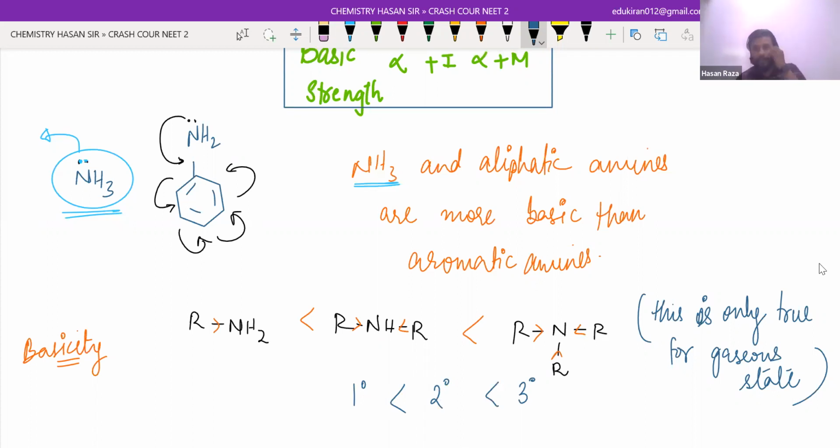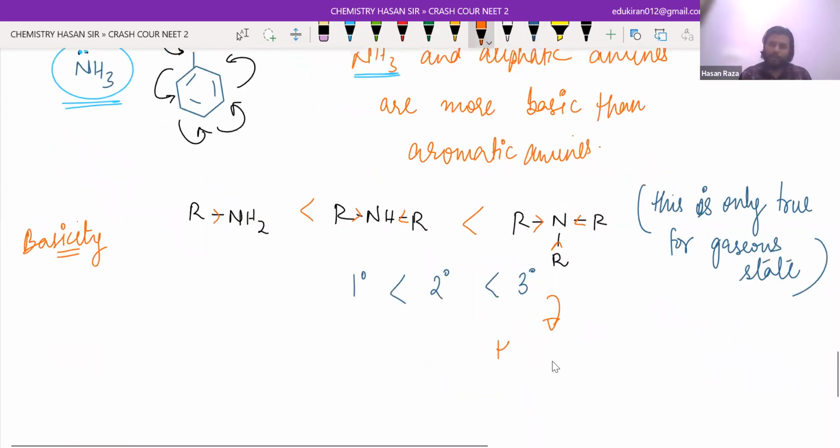Why? Because of three reasons. First reason is steric hindrance, then comes your solvation, and then comes your inductive effect. I already told you, there are three reasons why. I'm going to write it.